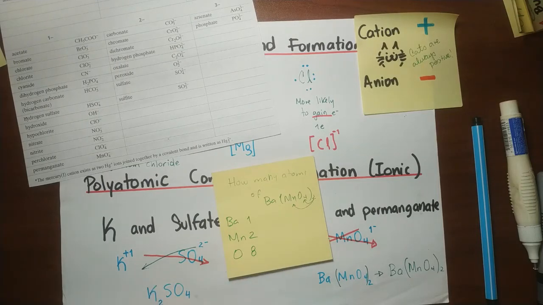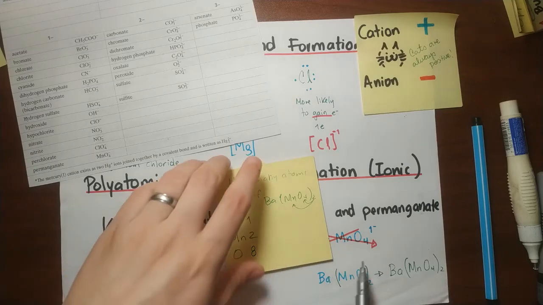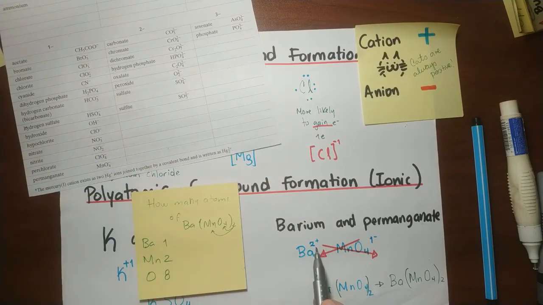So this compound actually is not just made of 1 barium, 1 manganese, and 4 oxygens. No, it is made of 1 barium, 2 manganese, and 8 oxygen, because this 2 that is coming from barium, remember this 2 is coming from barium right here.